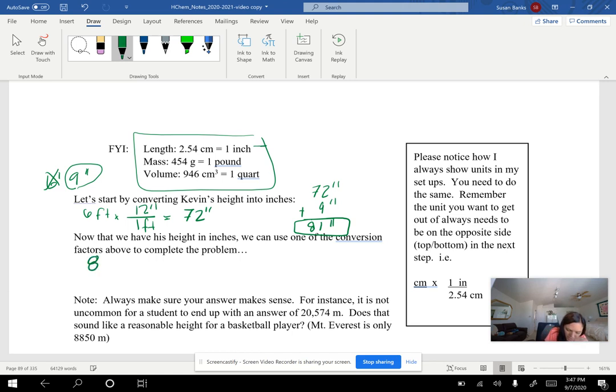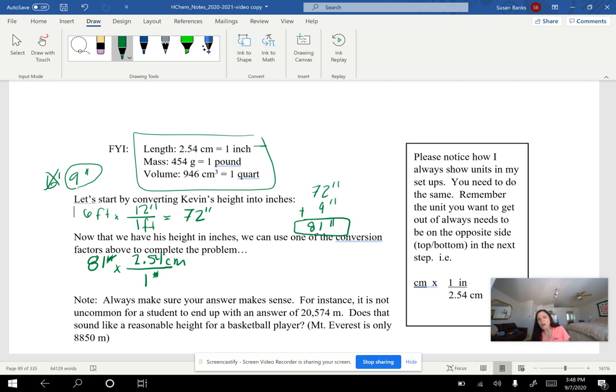So I have 81 inches for Kevin Durant's height, and I see that 1 inch equals 2.54 centimeters. I want my inches to cancel. So 1 inch will equal 2.54 centimeters. Notice my unit of inches cancel out, and I'm in centimeters.